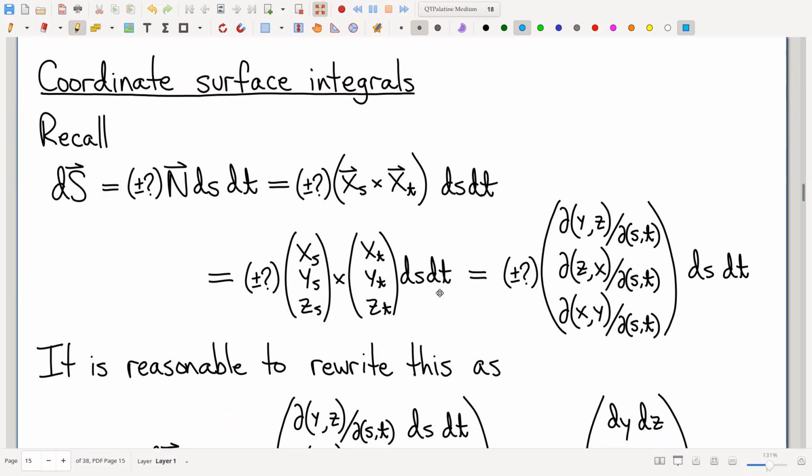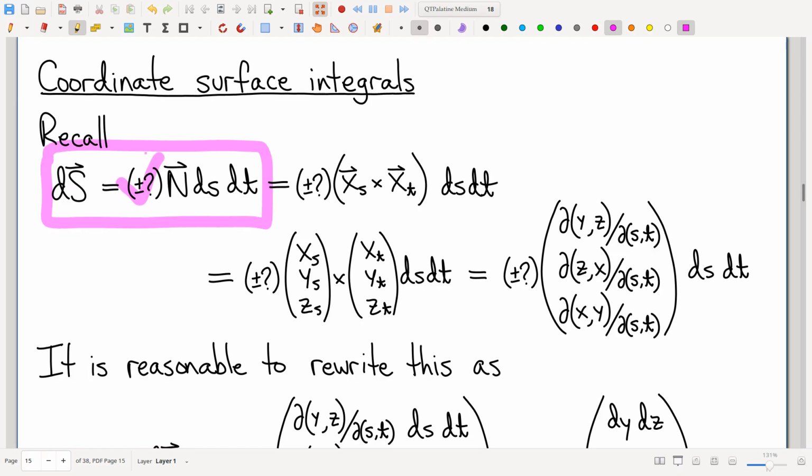Okay, now y'all remember the business about coordinate line integrals. Something analogous happens for coordinate surface integrals. I want to be pretty quick with this. Here's our formula that we wrote down for the dS vector, relating dS to the parameterizations. Don't forget the little plus minus.